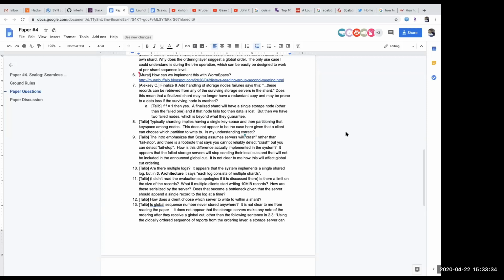Is this just the fact that the ordering layer will stop receiving cuts from the crashed one, and then that will just take care of the problem? The clients will detect that they're not getting acknowledgement, and then they will start writing to another shard.